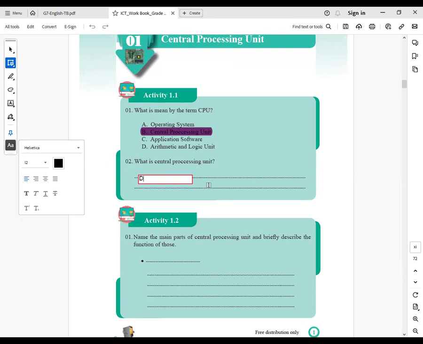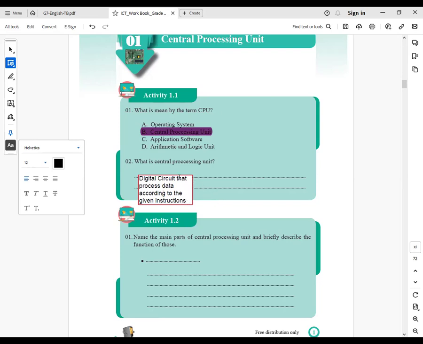CPU is a digital circuit that processes data according to the given instructions.